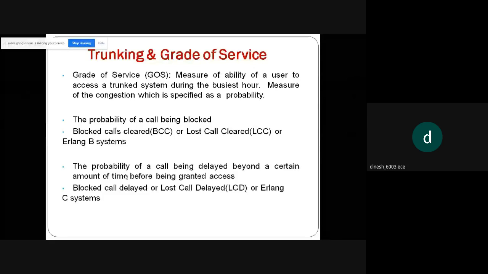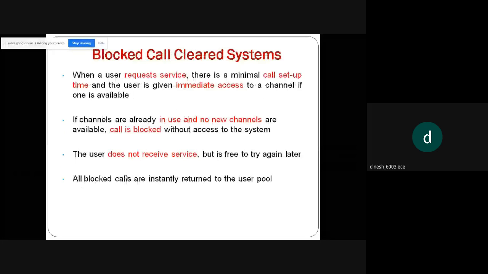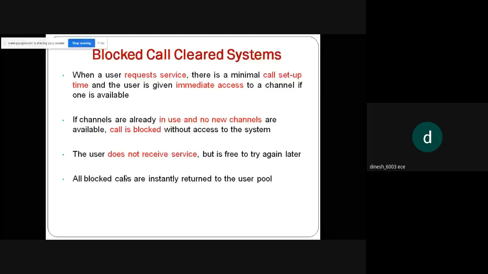Okay. So let us see the blocked call systems, or Erlang B. When a user requests a service, there is a minimal call setup, and then the user is given immediate access to a channel if any one of the channels is available.